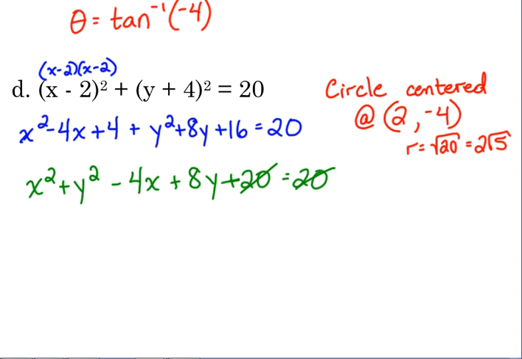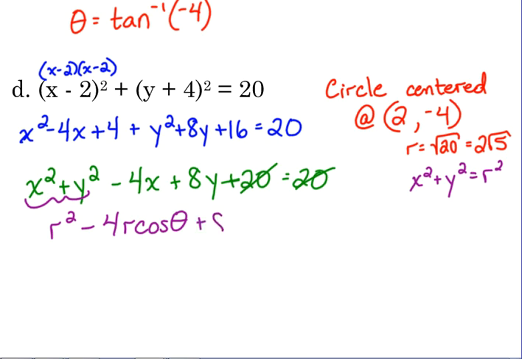Now, I didn't write this relationship at the very beginning, but in the polar system, is x squared plus y squared equal to something? r squared, right? You have to use that to convert points. x squared plus y squared is equal to r squared. So let's replace the x squared plus y squared with r squared, replace the x with r cosine of theta, and replace the y with r sine of theta.